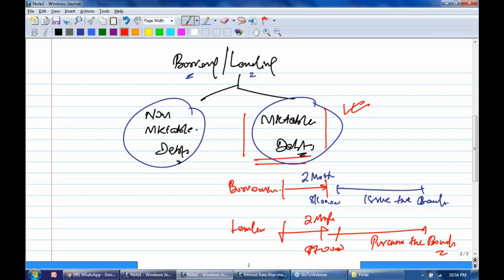So I repeat, for the lender, 2 points but the same meaning. Risk: interest rate decrease. Marketable terms: if interest rate decreases, value of the bonds increases.